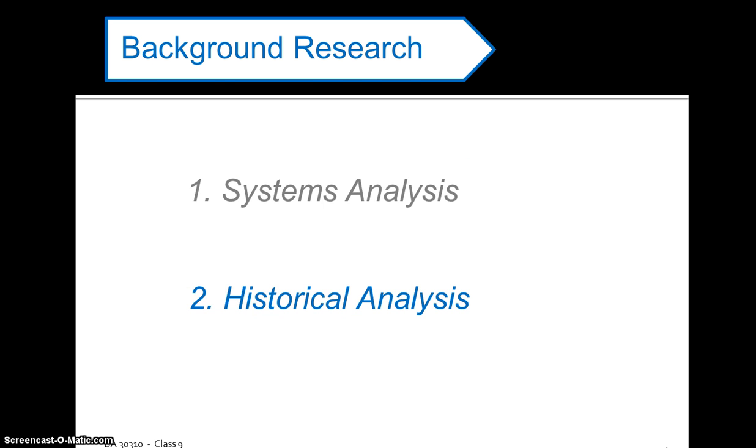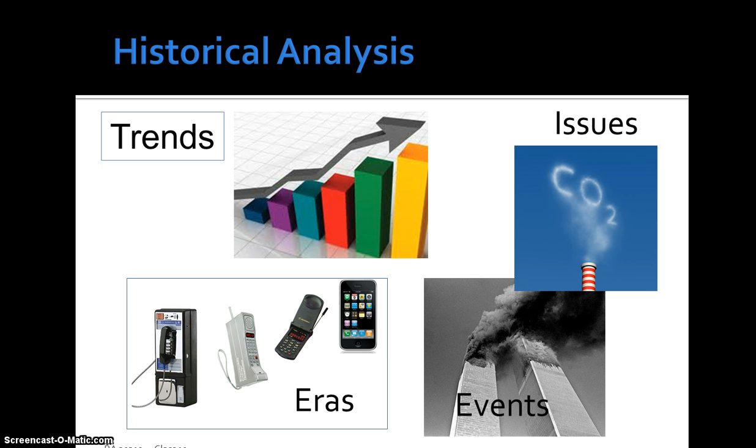And so now we are in the historical analysis aspect. And what are we looking at when we talk about exploring historical timelines and that sort of thing? Well, we're looking at continuous change. That's trends. But we're also looking at the issues and events that come along, and with those triggers lead to a discontinuation of the prior era and a transition into the new era.